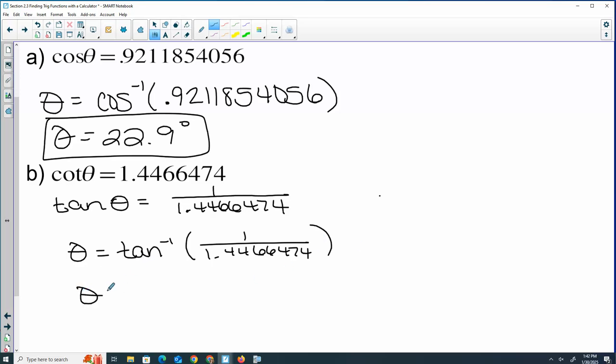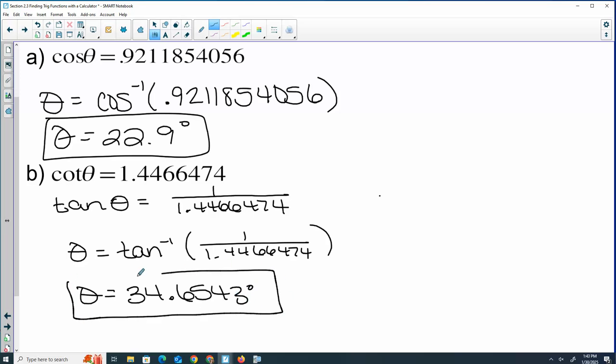You guys check, make sure you can get it when you plug it in. I got 34.6543 degrees.